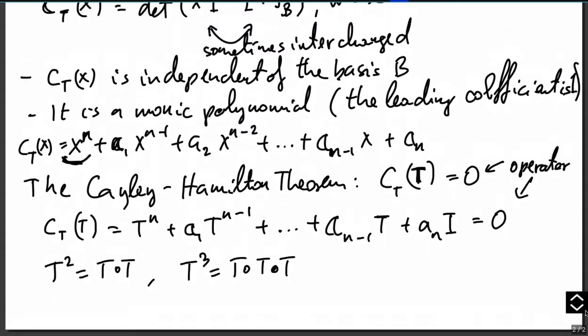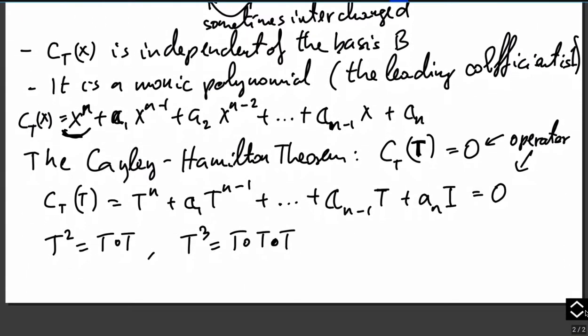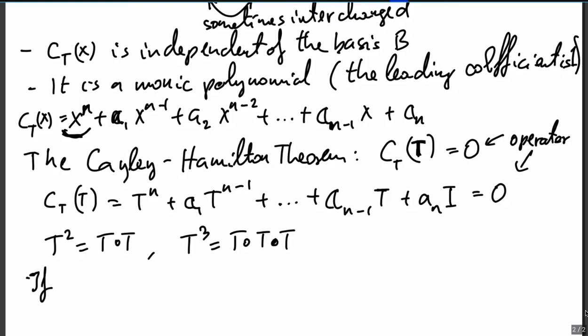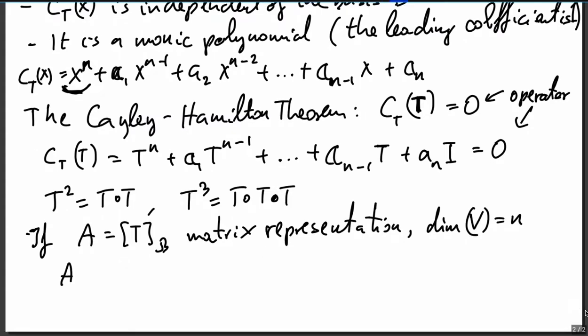And since we talked about the matrix representation of the operator, when we look at matrix representation A in some basis, if the dimension of V is n, then A is an n by n matrix.